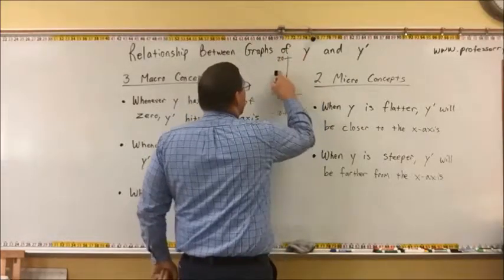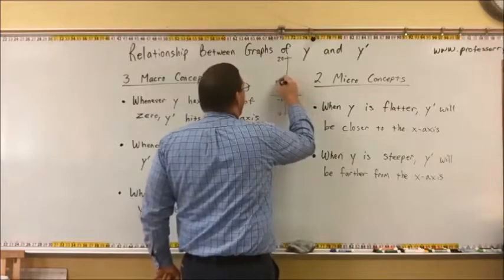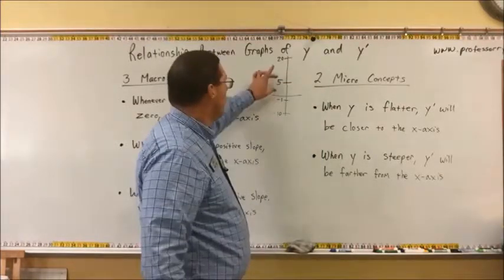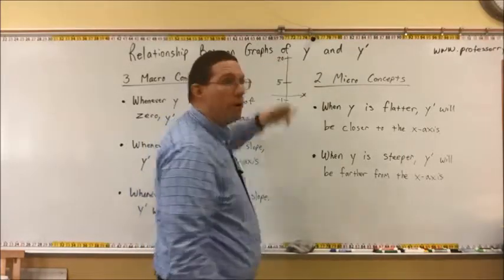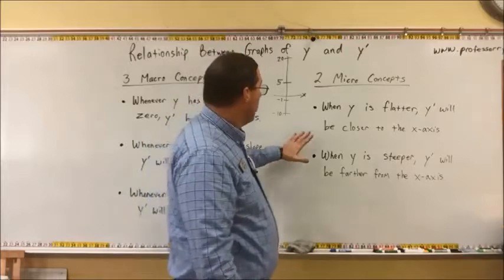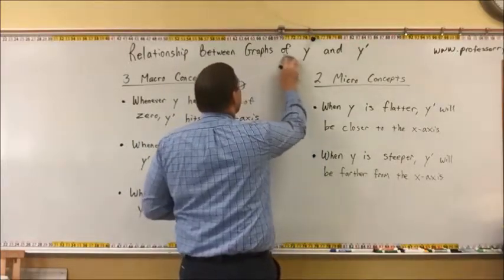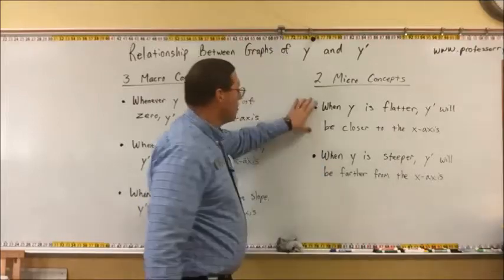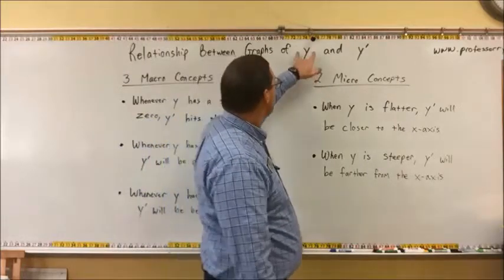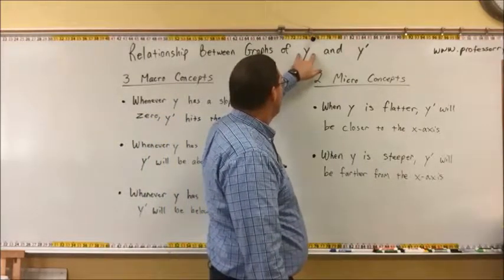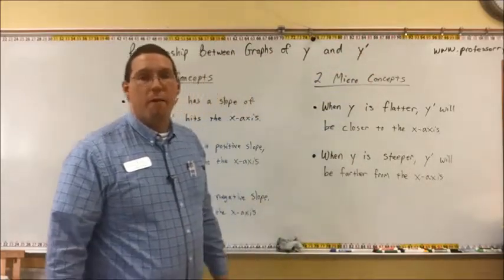A slope of +20 is much steeper than a slope of 5, and therefore the number 5 is closer to the x-axis than the number 20. And so, these micro concepts will help you understand the relationship between the shape of the original function and the values of the graph of the derivative.